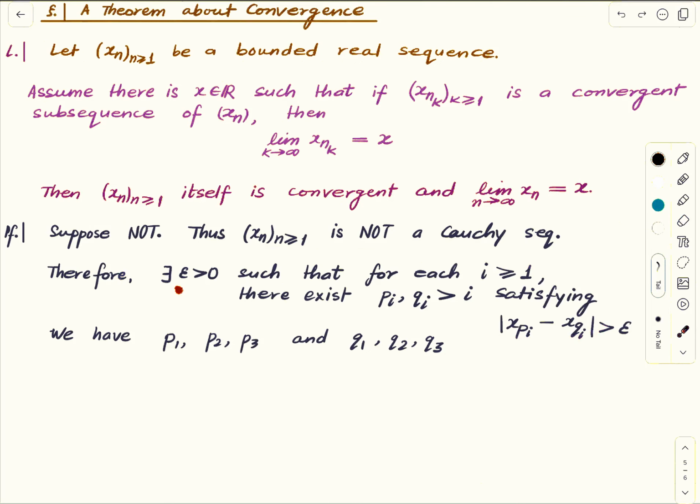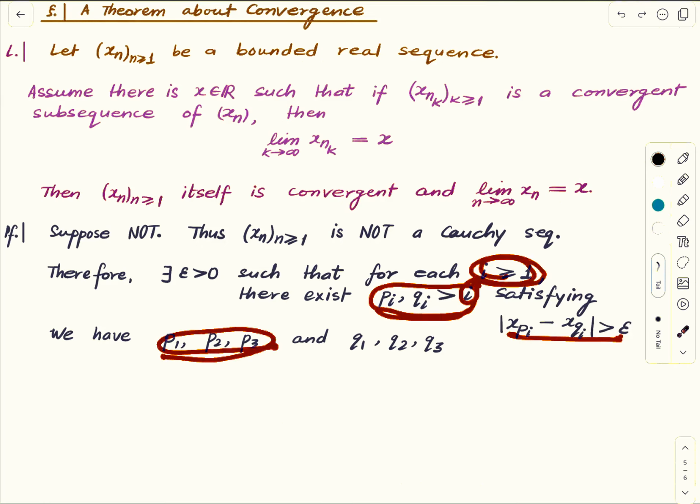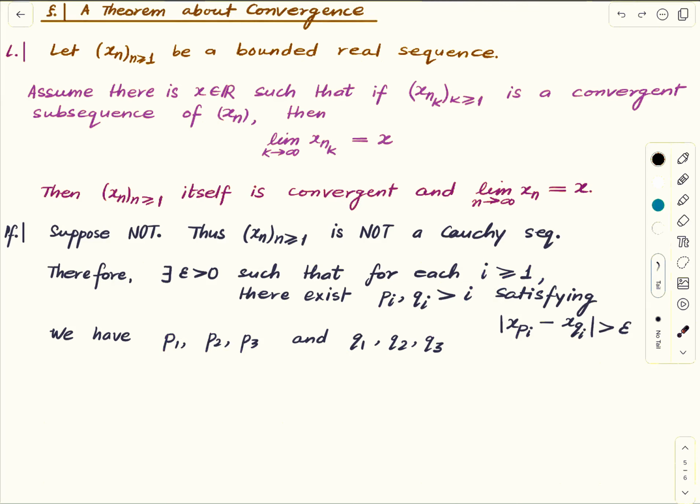All I'm saying is that here in the statement, we are saying there exists epsilon greater than 0 such that for each natural number i, one can find p_i and q_i greater than i, satisfying this condition, and also demand that p1, p2, p3 ... is a strictly increasing sequence of naturals, and same for q1, q2, q3. So maybe I'll write it that way. So there exist p_i and q_i satisfying two conditions.